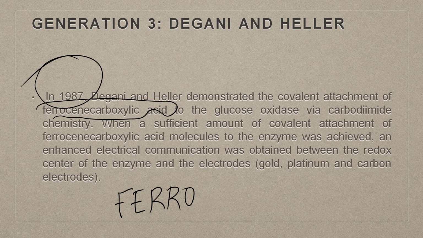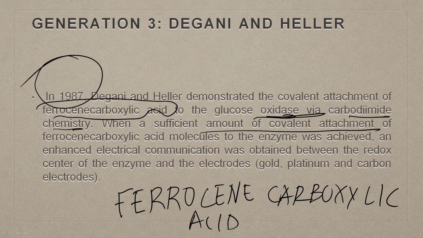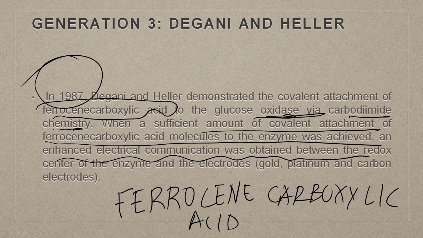These are pretty interesting electron transfer molecules, ferrocene carboxylic acid, attached to the glucose oxidase by carbodiimide chemistry. When a sufficient amount of covalent attachment of the ferrocene carboxylic acid molecule to the enzyme was achieved, enhanced electrical communication was obtained between the redox center of the enzyme and the electrode, which is gold, platinum or carbon.